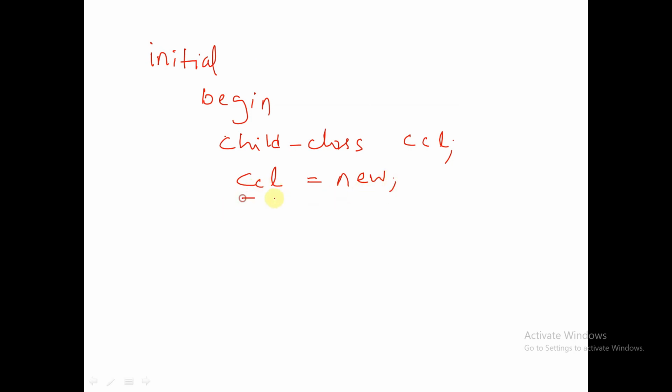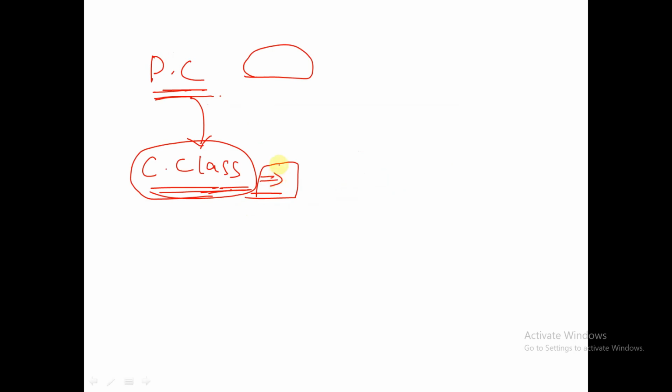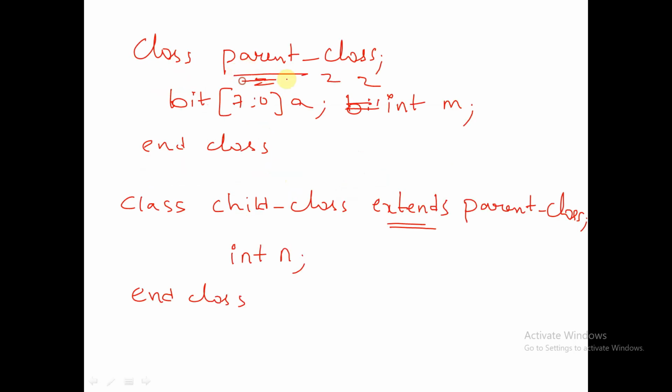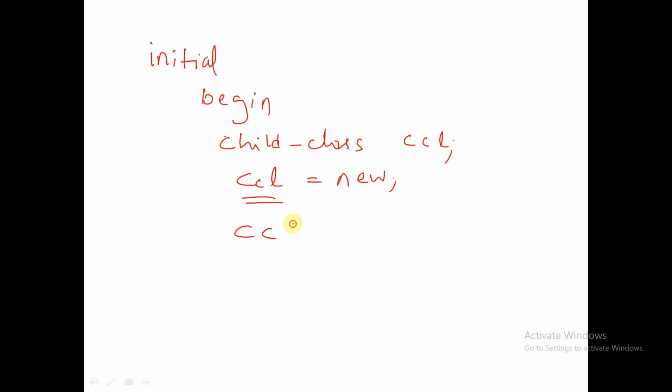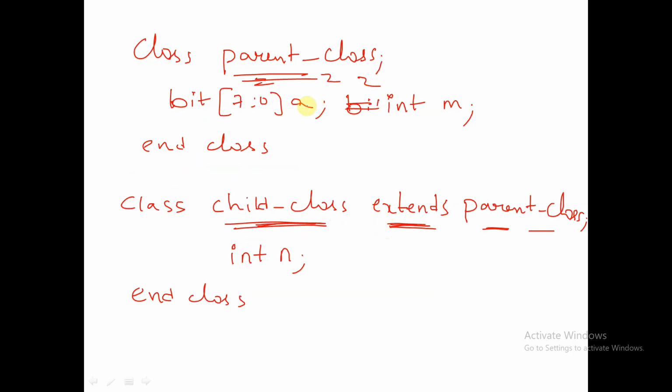So with this ccl, I can access the property which is declared inside my parent class, since the child class is extended from my parent class. With the handle which we have created for this child class, we can access this variable. So ccl.a is equal to, we can modify the value of a also.